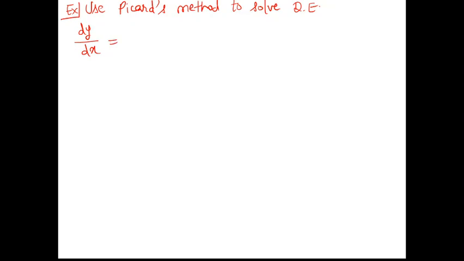Let's take the first example. It is mentioned explicitly to use Picard's method to solve the differential equation dy by dx equal to x square plus y square, with the initial condition y of 0 equal to 1, up to the first 5 terms.